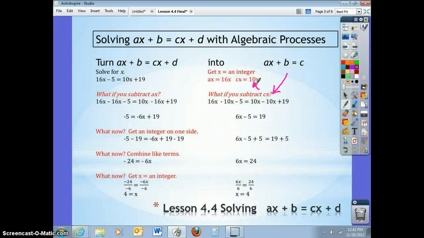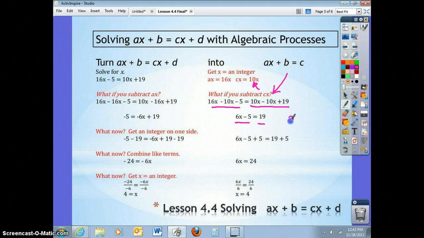So here's our original equation with the 10x taken away from both sides. So it becomes 16x minus 10x minus 5 equals 10x minus 10x plus 19. The left-hand side becomes 6x minus 5, and the right-hand side becomes 19.